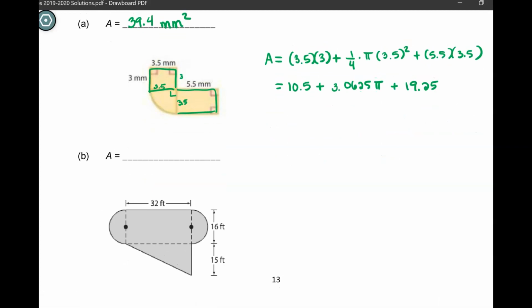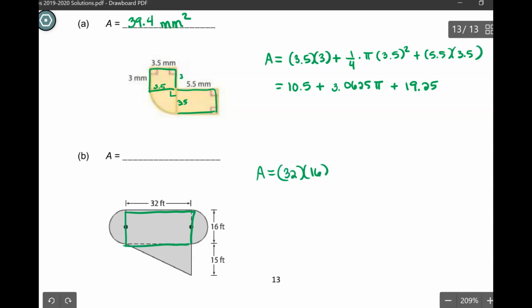Okay, last one here. So let's see, what do we have? We have this rectangle is 32 by 16. I see this triangle, right, would also be 32, and then I see 15, so that's going to be 32 times 15 divided by 2.